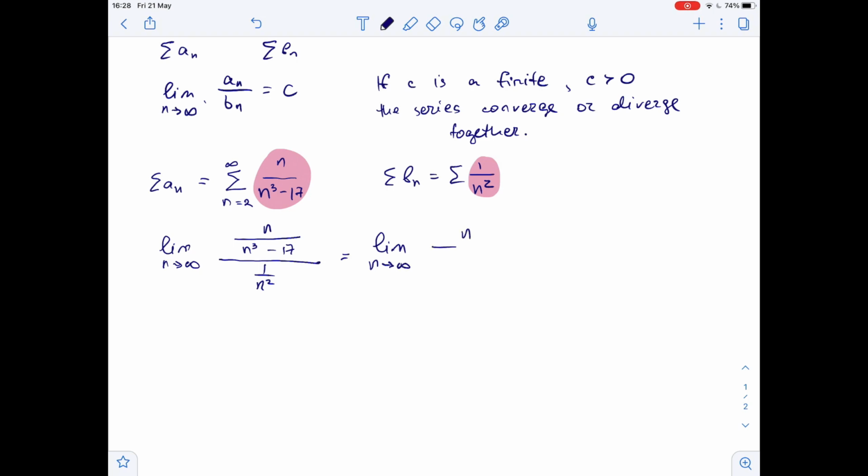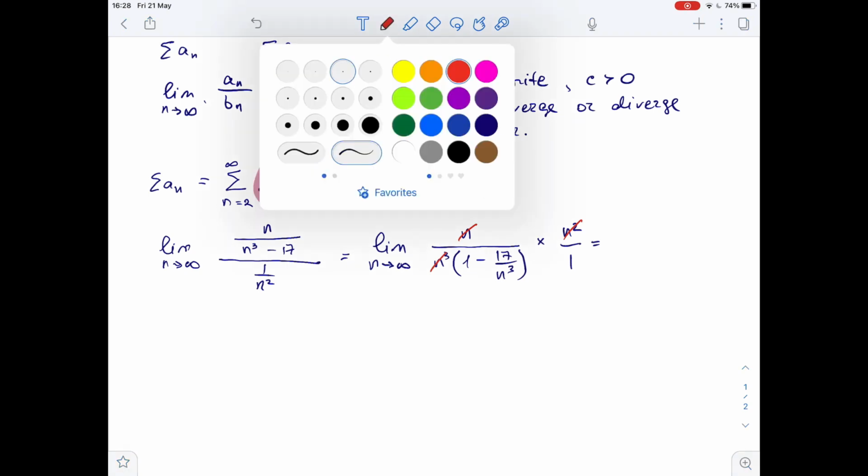So we will have n over n to the third times 1 minus 17 over n to the third, multiplied by n squared over 1. We will simplify this again. We see that n times n squared will be n to the third, and it cancels with n to the third here.